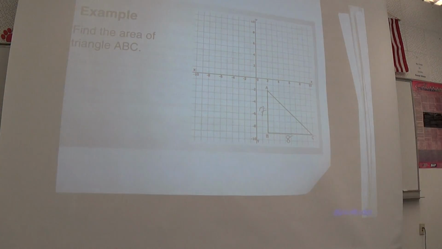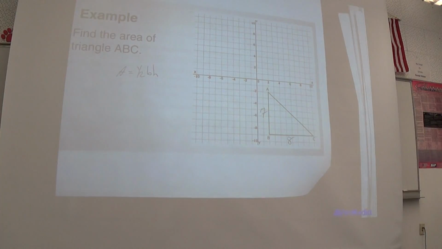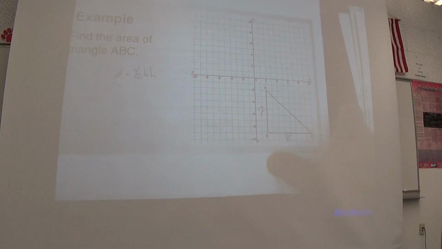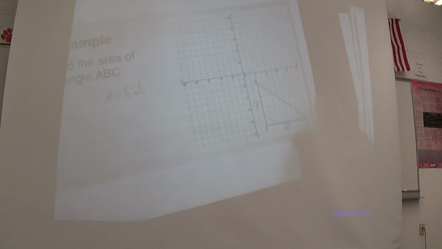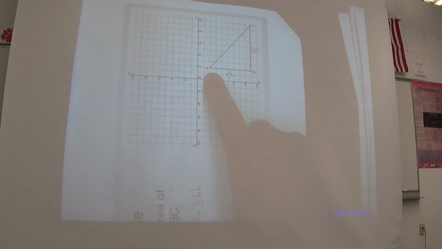7 units. And if I'm going to find the area of this figure, remember the area of a triangle is 1/2 times the base times the height. Now, remember I said that earlier it depends on which side is easier for you to use for the base, right? So if I were to turn this way, I have 7 units across.